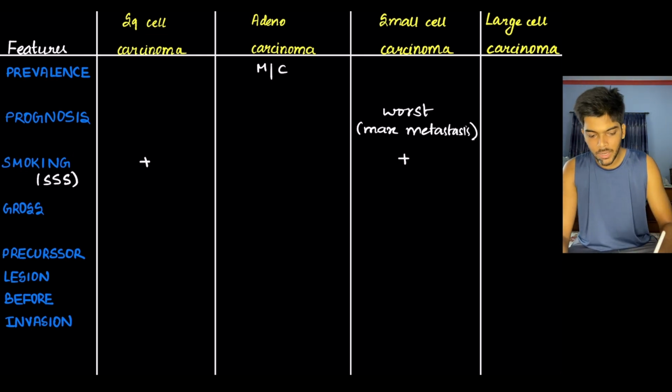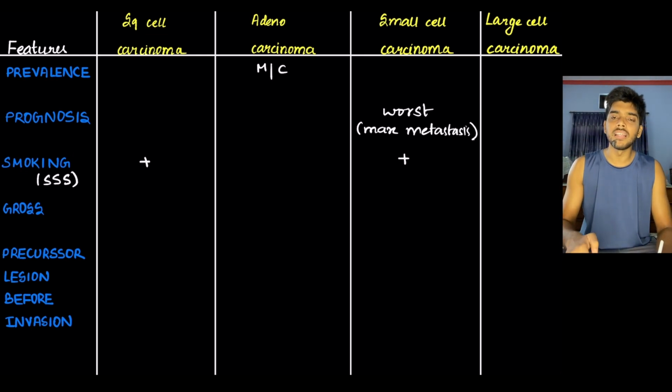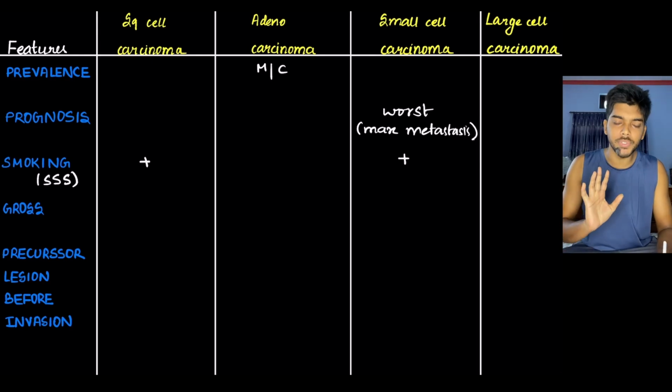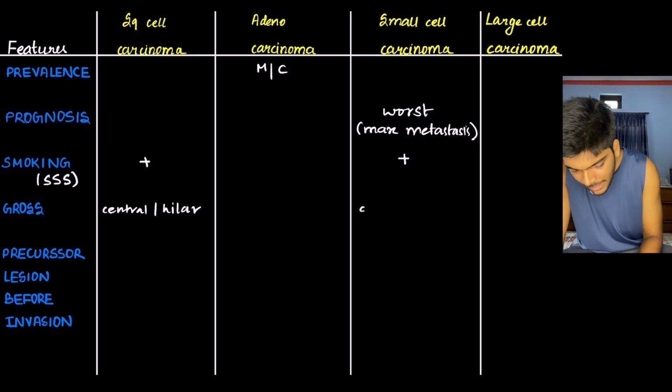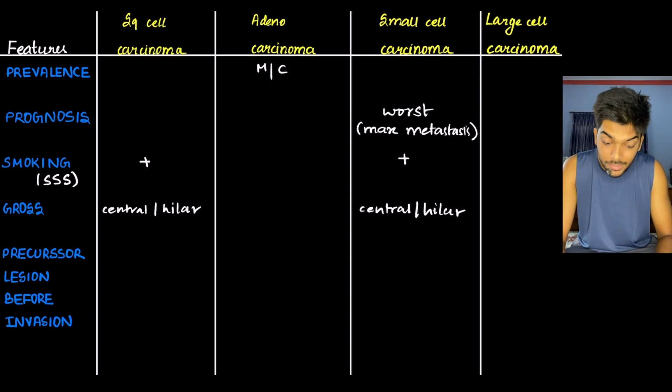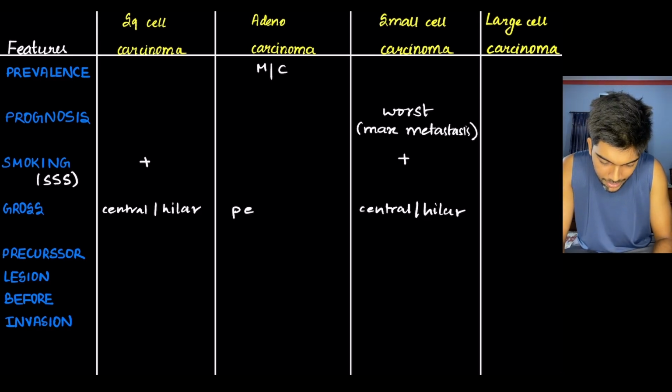Gross feature. So grossly, lung cancers have broadly 2 types. First, the central or hilar type is found in squamous cell carcinoma. The central or hilar type is also found in small cell carcinoma. In the rest, that is in adenocarcinoma, you have peripheral type.